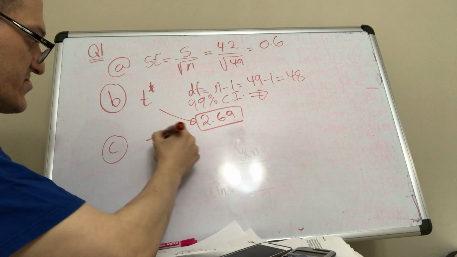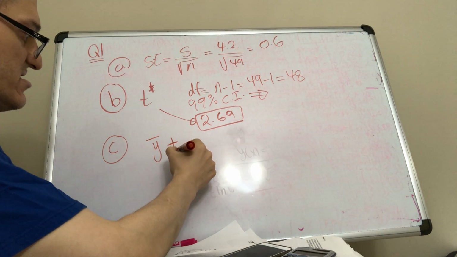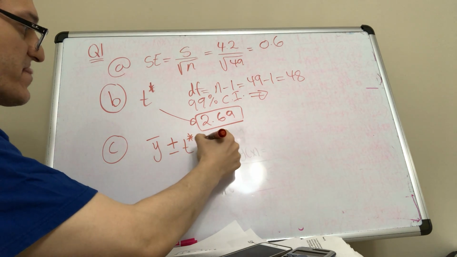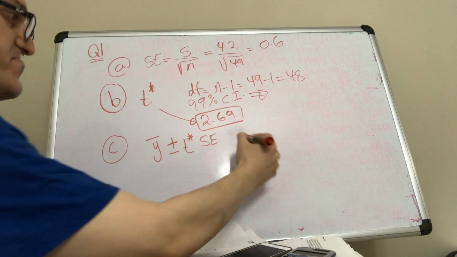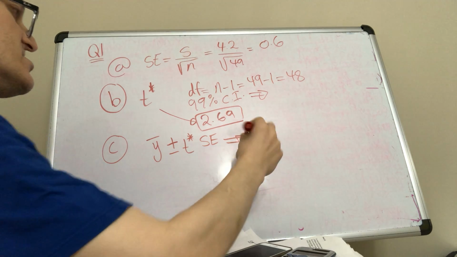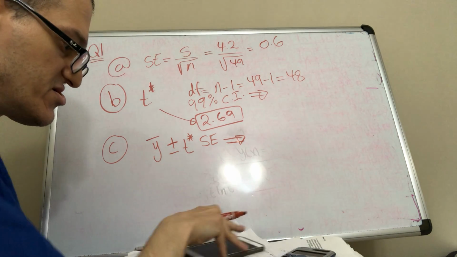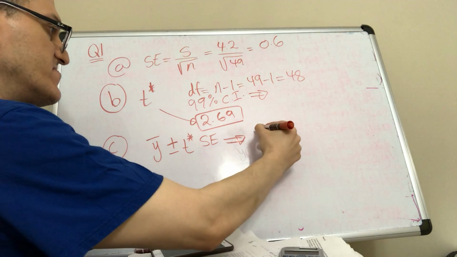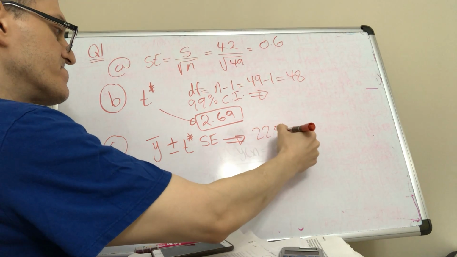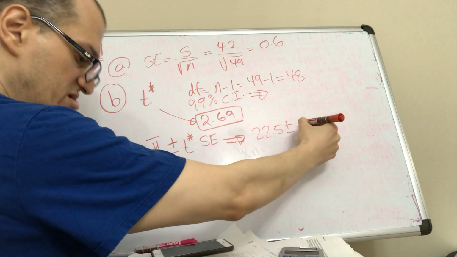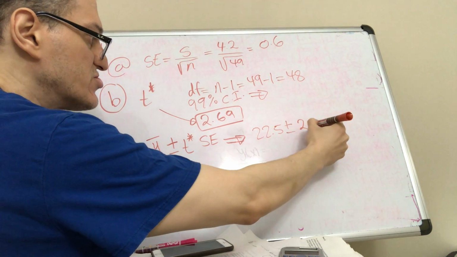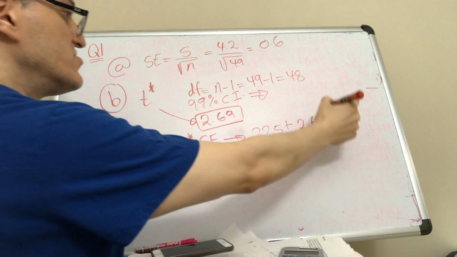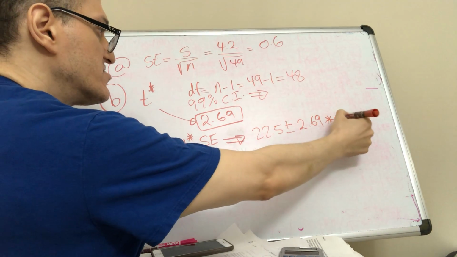Confidence interval for this chapter is y bar plus or minus t star standard error. Your average provided in the question is 22.5. Your t-star, we're going to use 2.69. And your SE, we calculated 0.6.